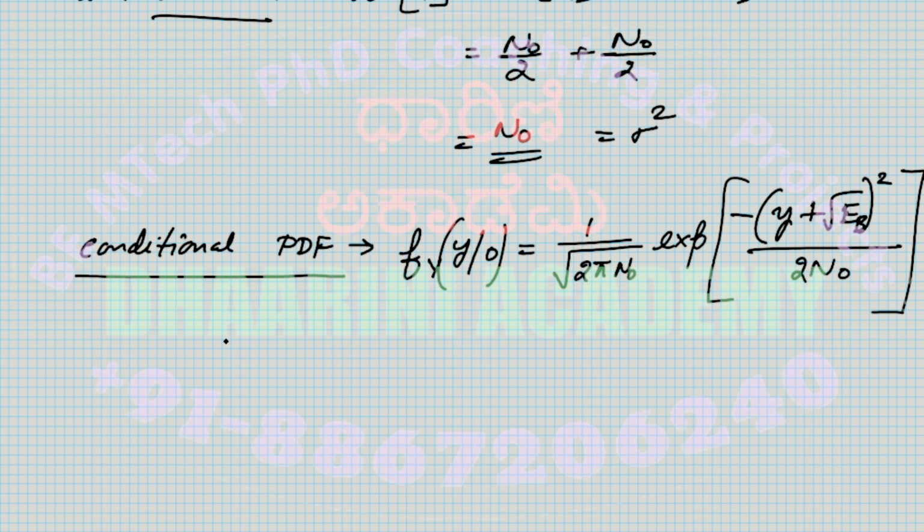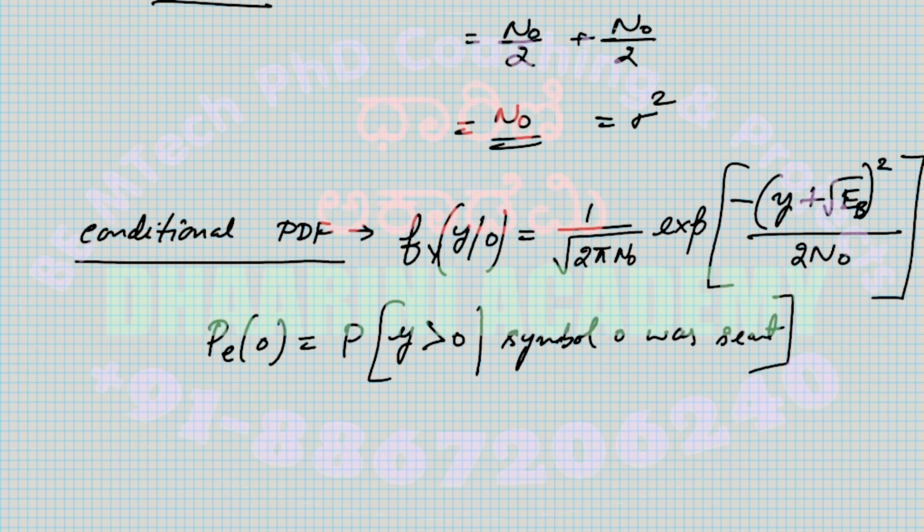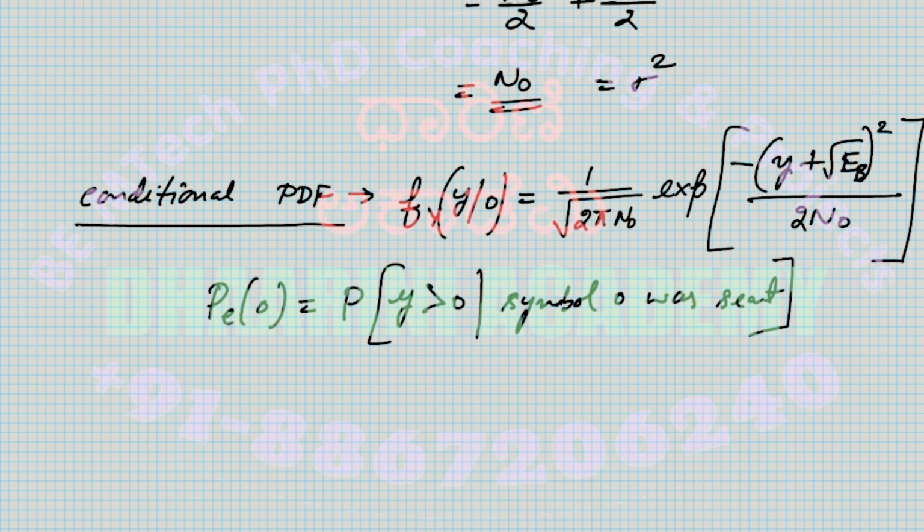You use the conditional PDF to calculate probability of error when 0 was sent. So what is the condition? This means probability that y is greater than 0 when the symbol 0 was sent from the transmitter side. Y greater than 0 means it is 0 to infinity.